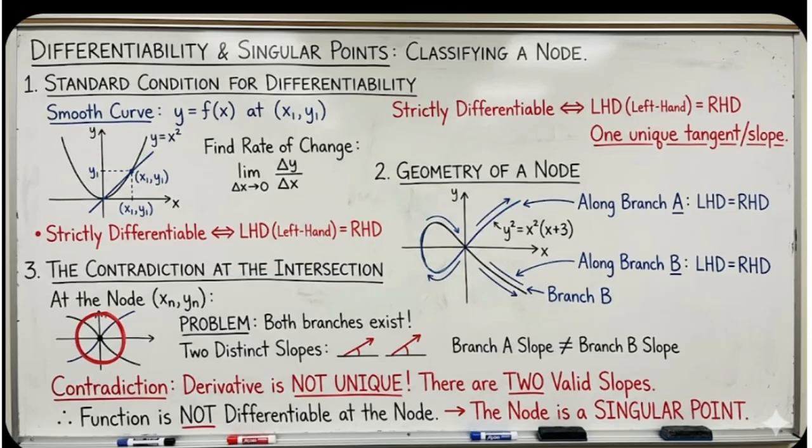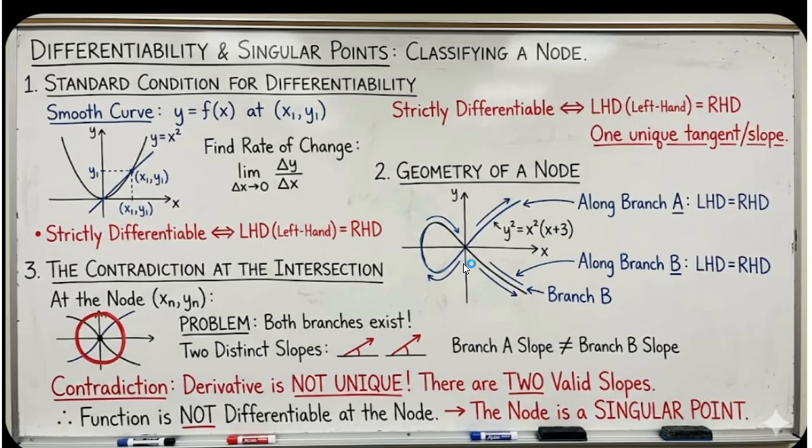This is how we can say that the node is not differentiable. Node is called singular point. Keep in mind one thing, very easy here. If you draw a tangent at this point on branch A, the line joining x1, y1 to x2, y2 almost aligns with the tangent.